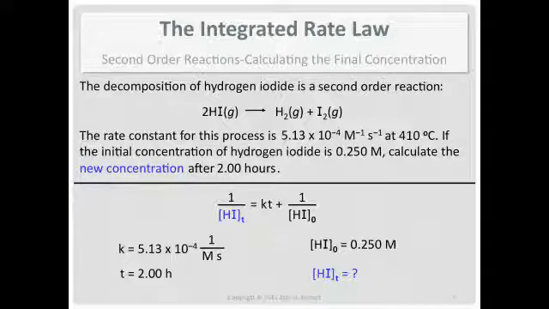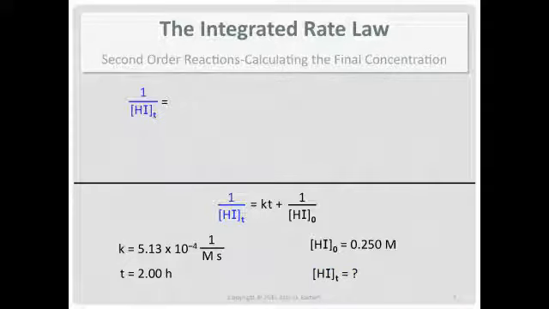Now, remember the way the second order equation looks, the left side of it is the reciprocal of the hydrogen iodide concentration. And that's not what we want. We want the concentration, not the reciprocal. Okay, well, one thing at a time. Let's get the reciprocal and then worry about how to fix it afterwards.